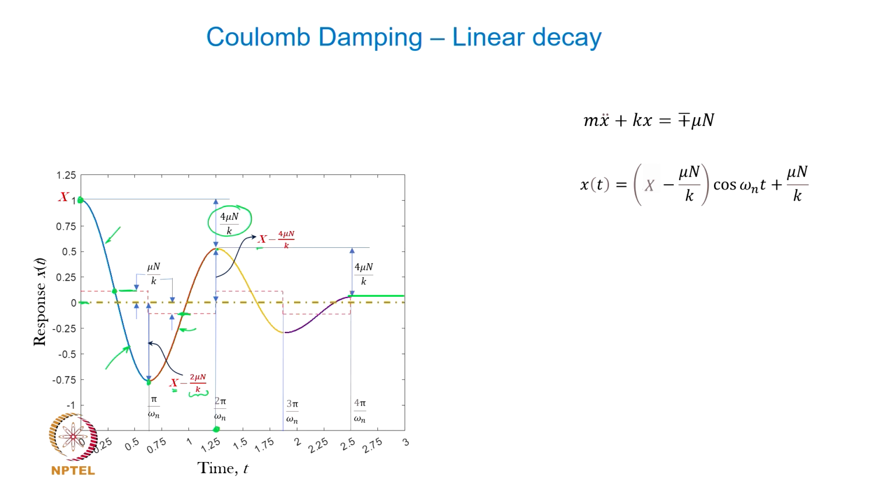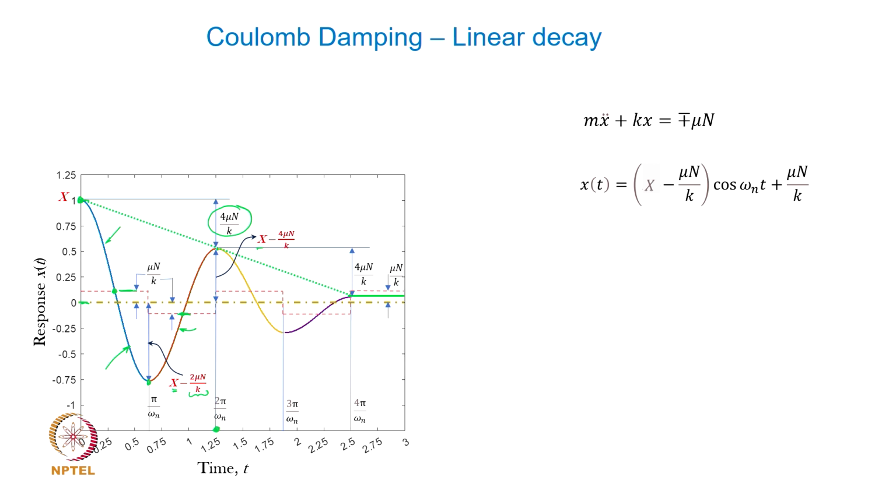So, with respect to the original x, this is going to be a drop by 8 mu n by k, but the point is every cycle sees a reduction of a constant value in its amplitude, which actually means that there is a linear decay of the amplitude.